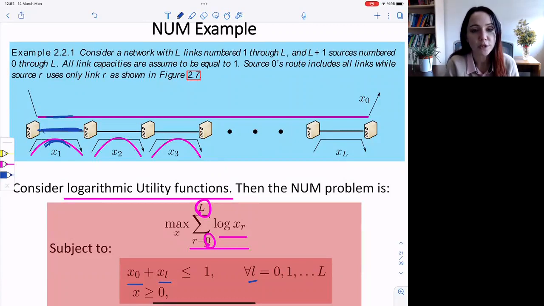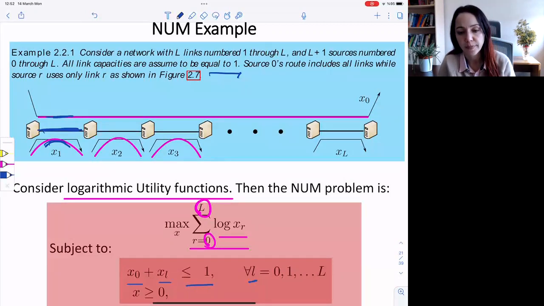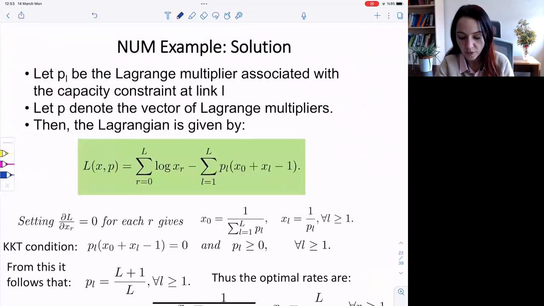This sum should be at or below the capacity of that link, which has been specified to be equal to 1 in the problem. So this is our inequality constraint. Also, we have the flow rates being non-negative, of course. So this is a constrained optimization problem with only inequality constraints.